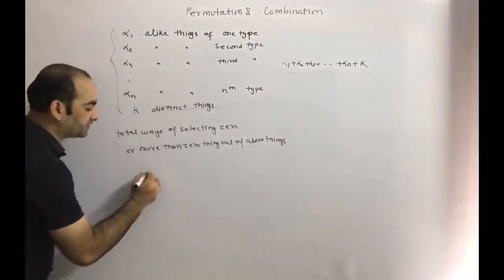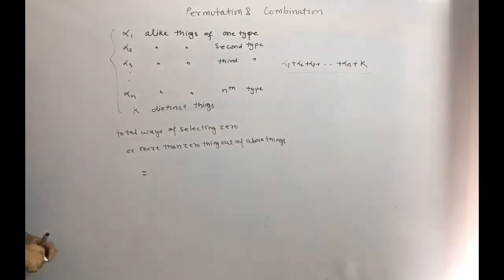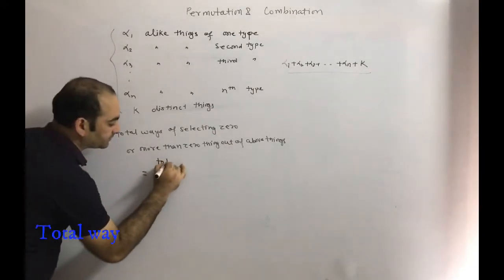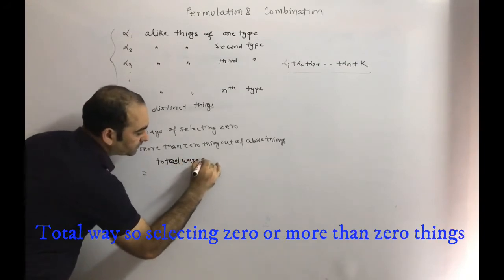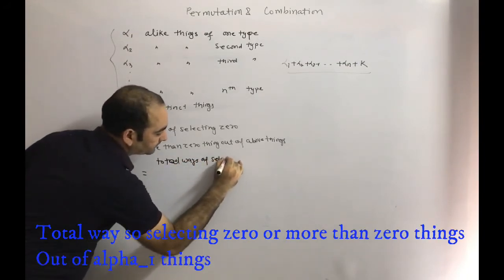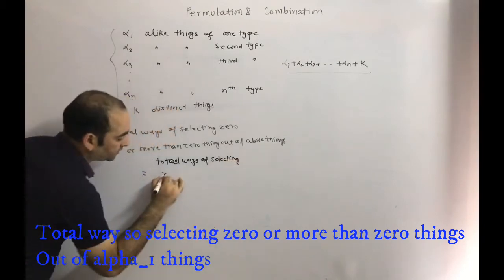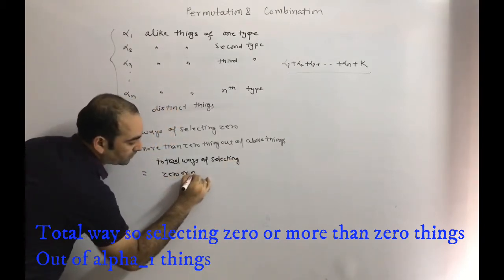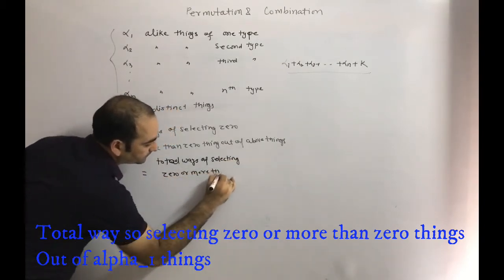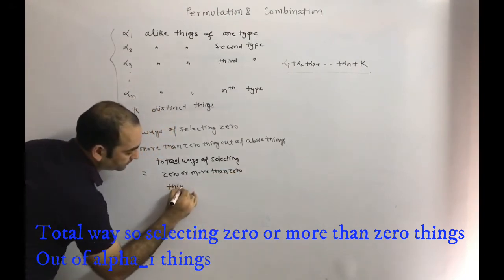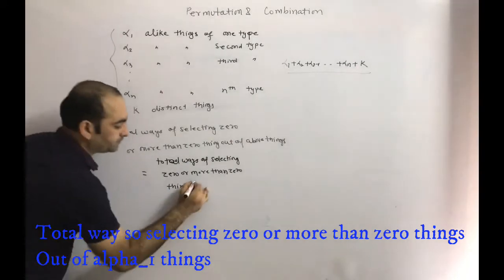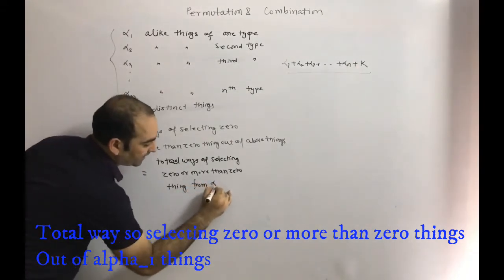For finding this, what will you do? We have to find out total ways of selecting 0 or more than 0 things from alpha 1 things.